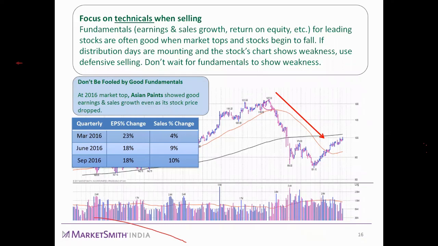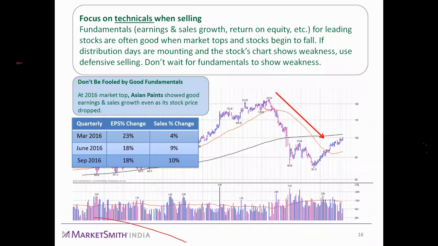When a stock is topping out, it is making new highs, and the driver for that is EPS and sales growth. So when the market is topping and the stock begins to fall, that is the time where you should be checking the technicals as well as fundamentals.